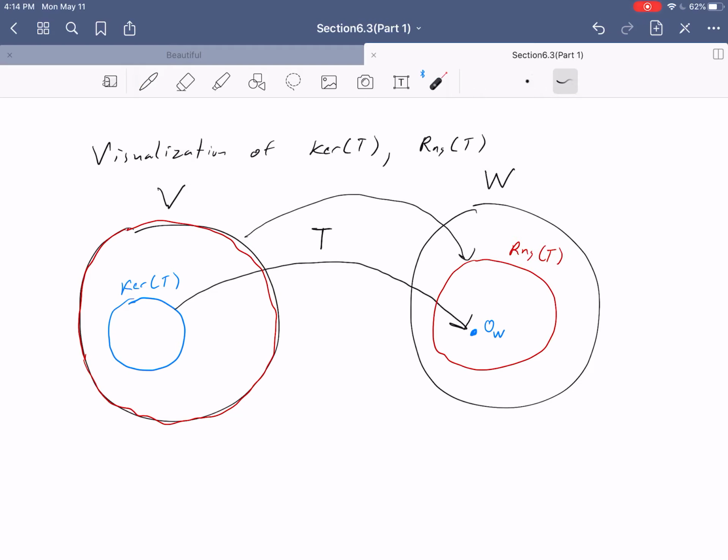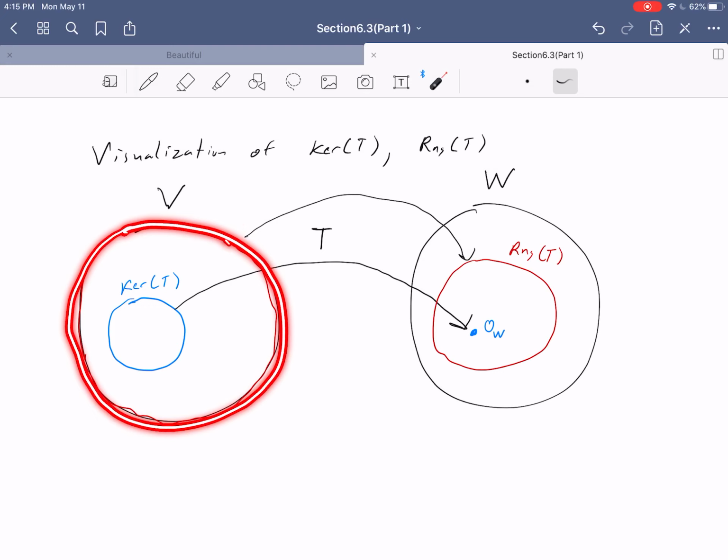Now, sometimes this range of T will be everything in W. In other words, everything over here gets hit by something over here. But in general, this range of T is only going to be a subspace of W. So even though we know how our transformation works on everything over here, it only hits a portion of our codomain.